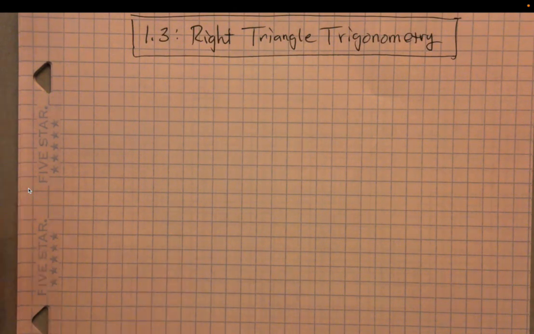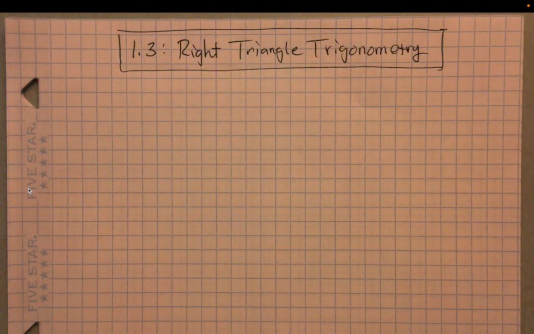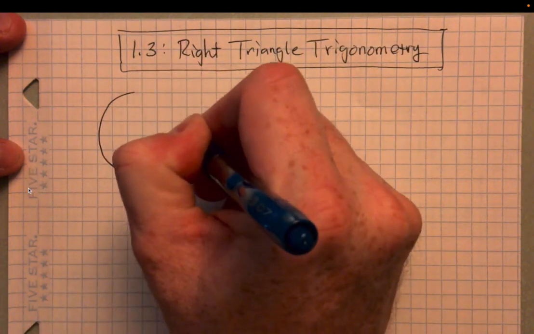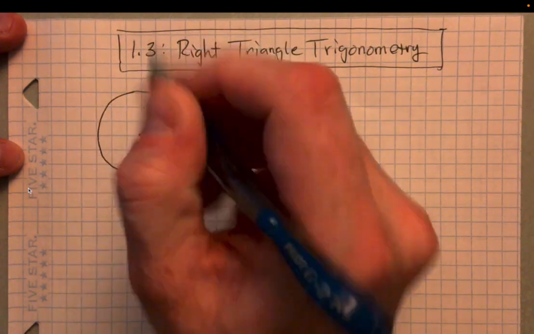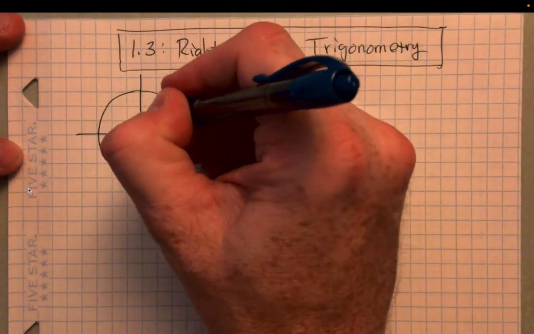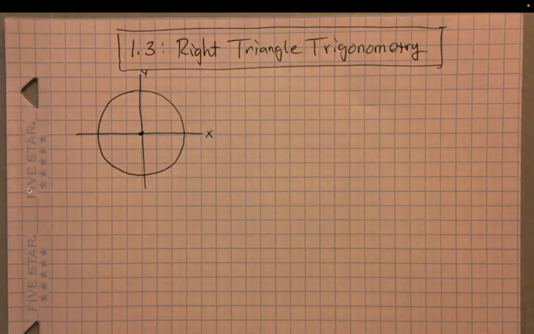Let's start with stepping back and examining the unit circle definition of the trig functions. So we start with a unit circle. Obviously this is a unit circle, so it's centered on the origin of the xy coordinate system.